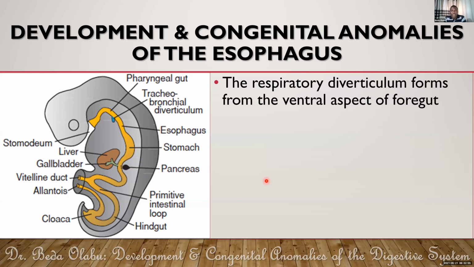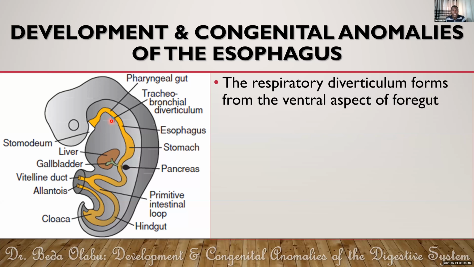The first thing that must happen in the foregut is formation of the respiratory diverticula. You may have given it some different names: laryngotracheal groove, outpouching, bronchial bud.